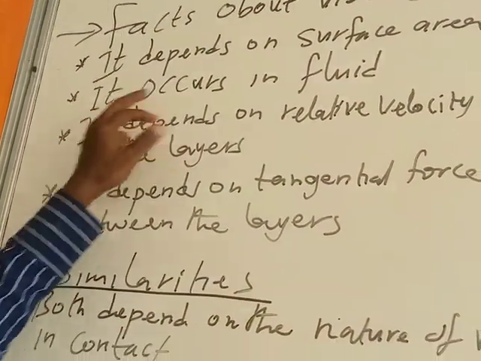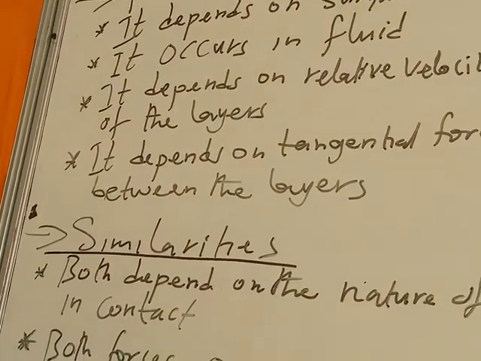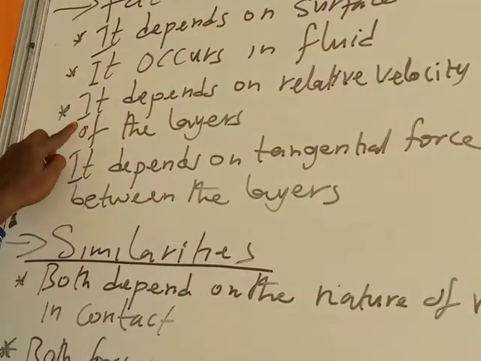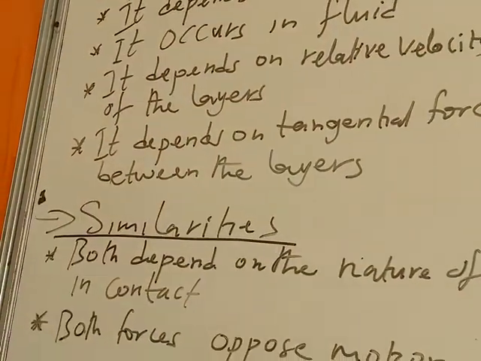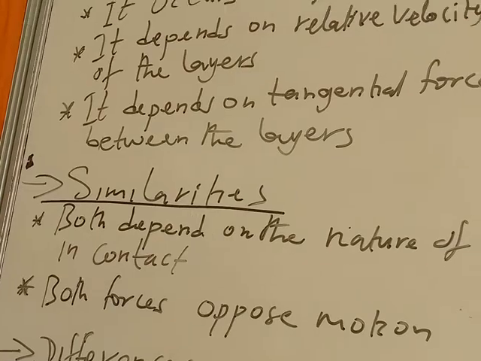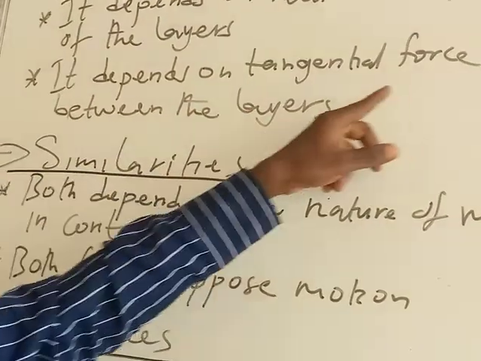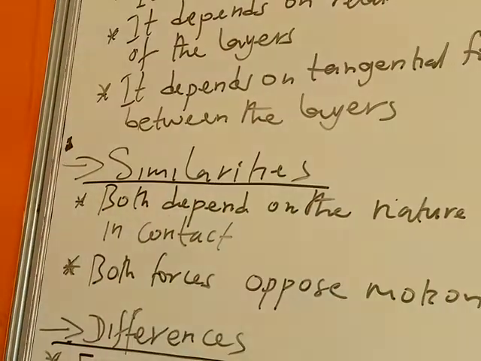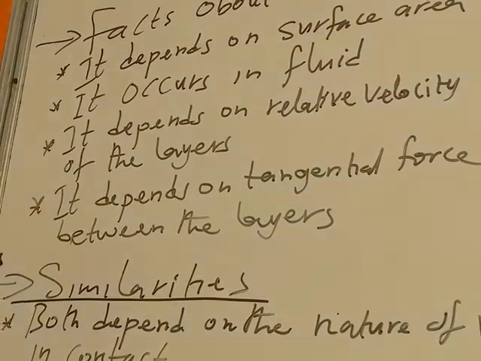Then, viscosity occurs in fluid, that is liquid or gas. Then, it depends on relative velocity between the layers of the fluid. Then, viscosity also depends on tangential force between the layers. Those are the 4 major facts about viscosity.